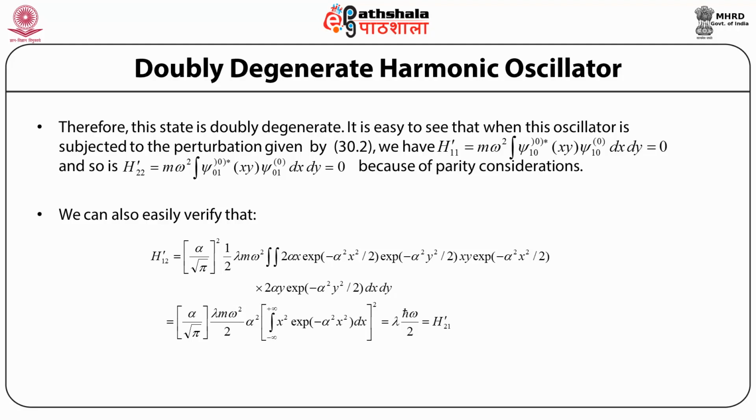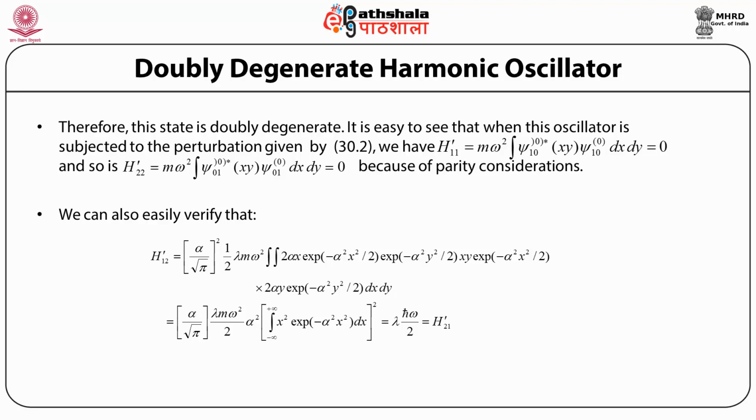We can also easily verify that h12 prime equals (alpha by square root of pi) whole square, 1 by 2 into lambda m omega square into the double integration of 2 alpha x exponential minus alpha square x square by 2 into exponential minus alpha square y square by 2 into xy into 2 alpha y exponential minus alpha square y square by 2 dx dy, which is again equal to alpha by square root of pi multiplied by lambda m omega square by 2 into alpha square into the integration from minus infinity to plus infinity of x square into exponential minus alpha square x square dx, this whole square.